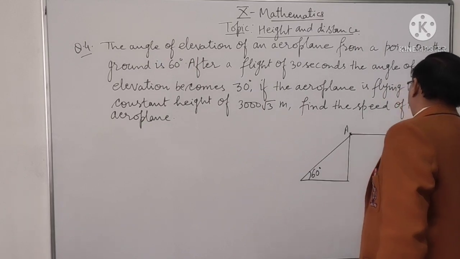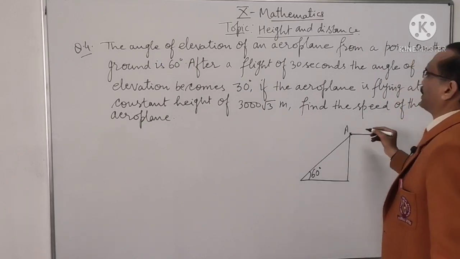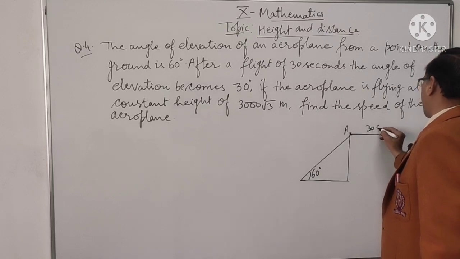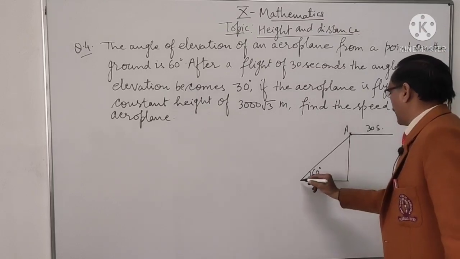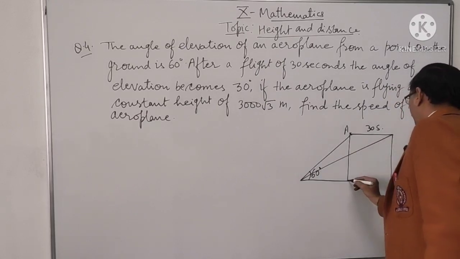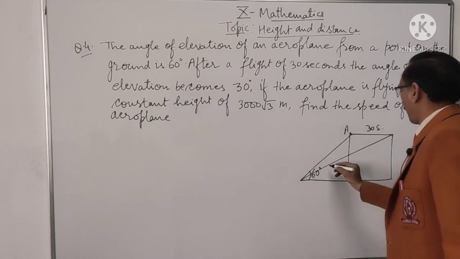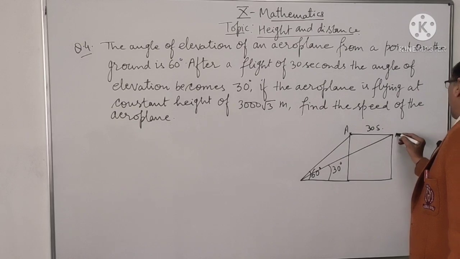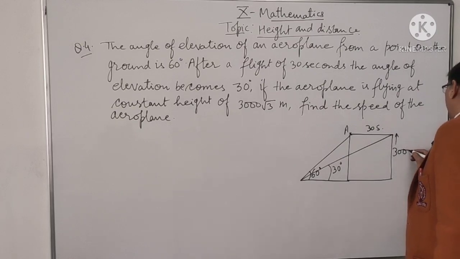So here the airplane is moving some distance, and the time is given as 30 seconds. Then the angle of elevation is 30 degrees. Then this height is 3000 root 3 meters.